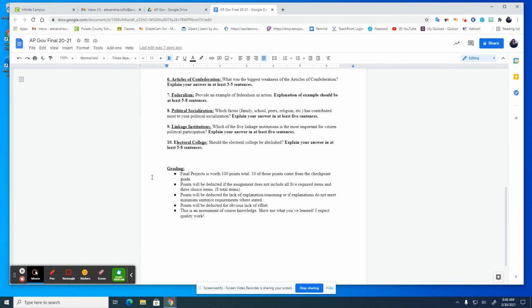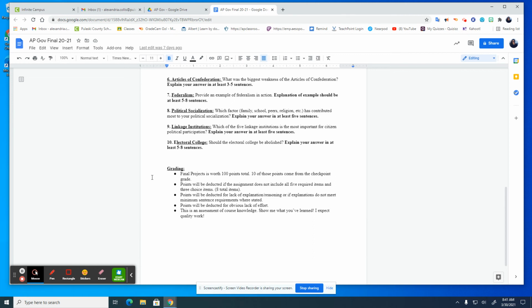All right, some notes on grading. The final project is worth 100 points total. 10 of those points, again, come from the checkpoint grade. So you have from April 2nd to April 30th to complete the entire project. But on April 21st, you will submit your assignment for that checkpoint grade. And at least half of it has to be finished at that point.